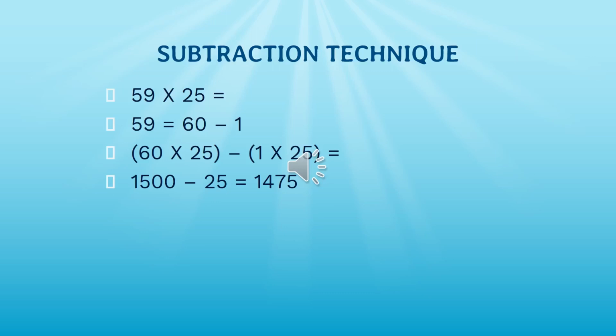I should have 1,500, minus 1 times 25, which is 25. Doing the subtraction, 1,500 minus 25 is equal to 1,475. Take note, this is only useful if one of the factors, in this case the larger factor, ends with digits like 7, 8, or 9.